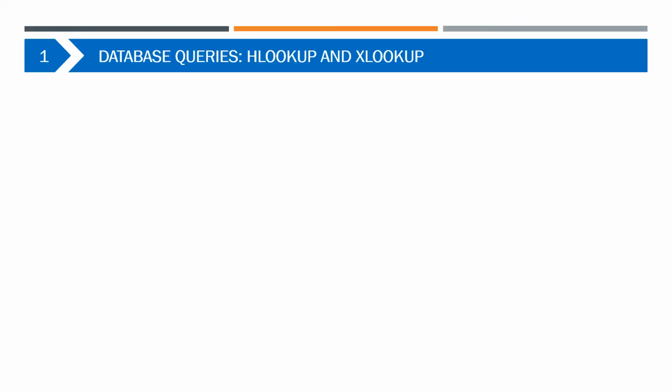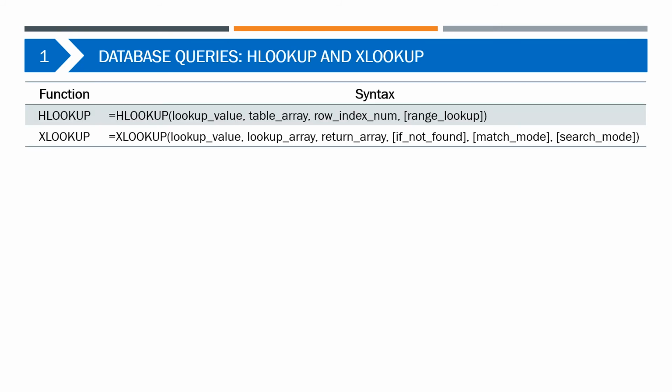Other variations of lookup functions are HLOOKUP and XLOOKUP. HLOOKUP is similar to VLOOKUP, only in VLOOKUP we search in a column, but in HLOOKUP we search in a row. So horizontal lookup, or HLOOKUP, can be used to retrieve information from a table by searching a row for the matching data and outputting from the corresponding column.